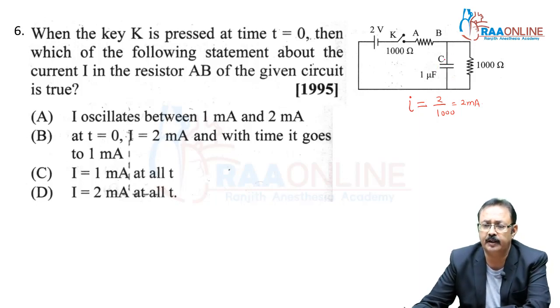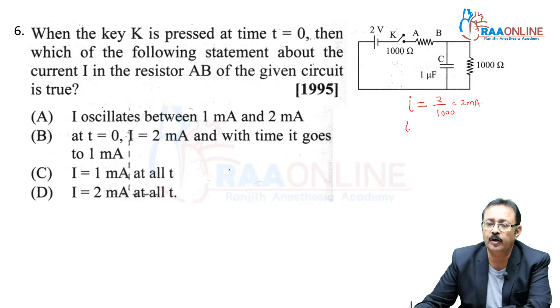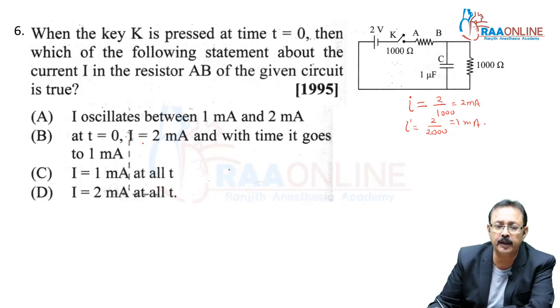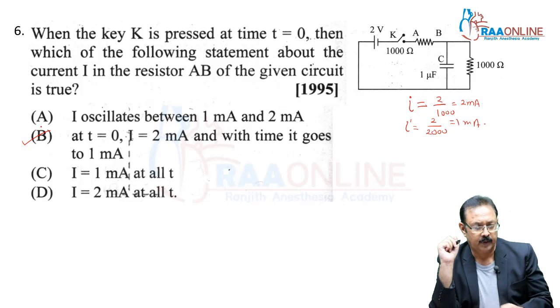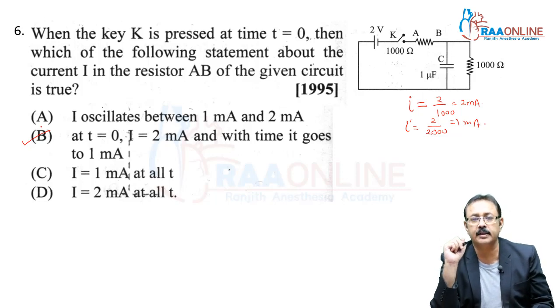Now it will go through this 1000 ohm resistance. So now value of I will be 2 upon R plus R, 2000 means 1 milliampere. So at t is equals to 0, I was 2 milliampere. With time it goes to 1 milliampere. So we will go with option B. The sixth problem, option B was correct.